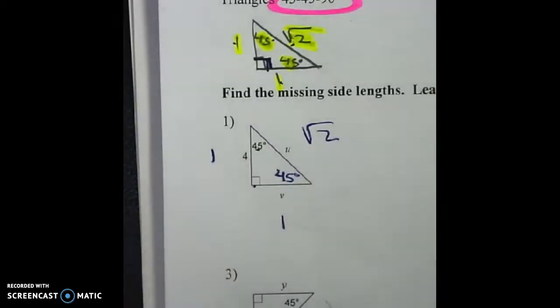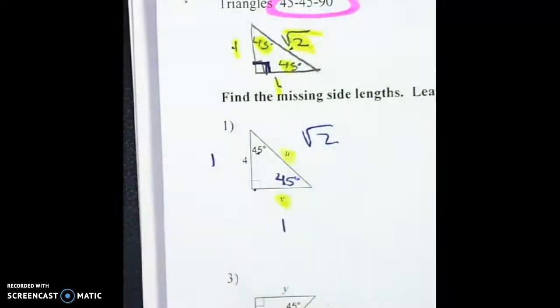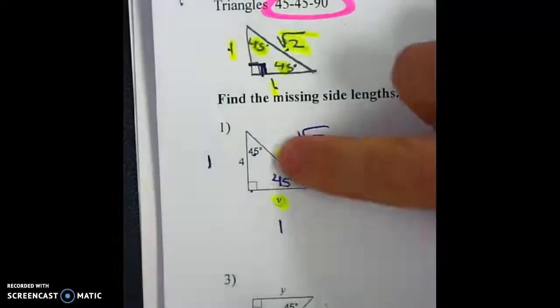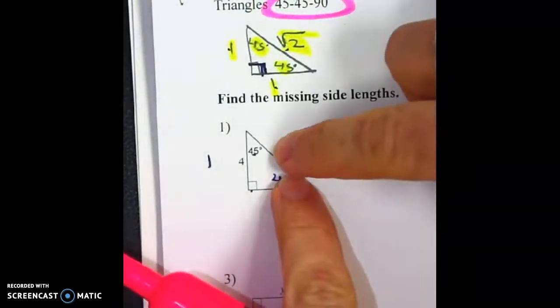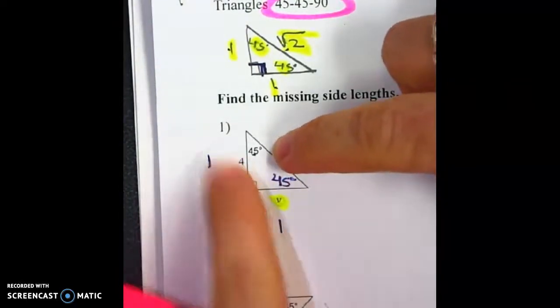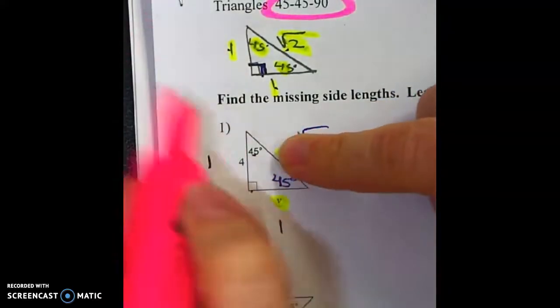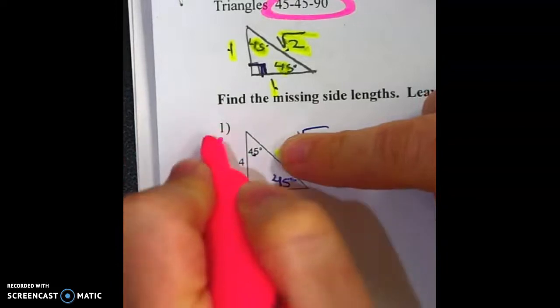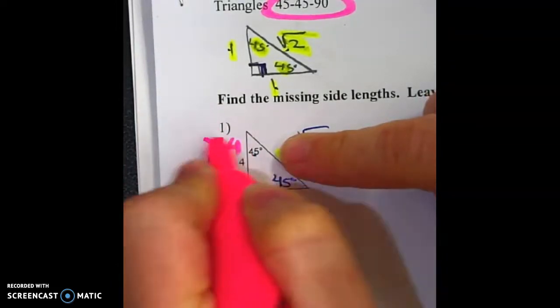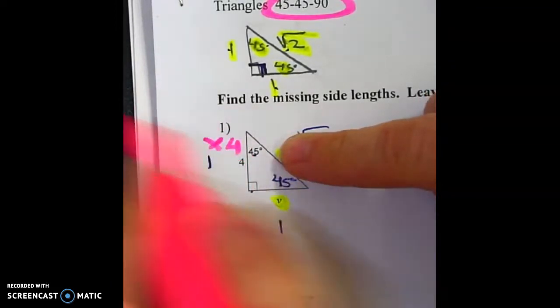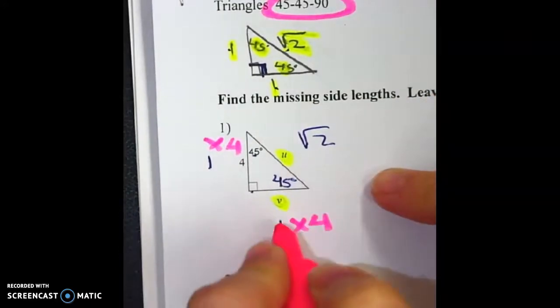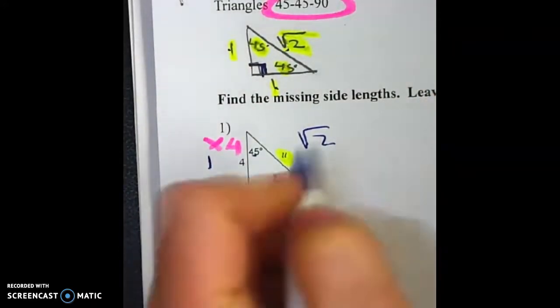Now they want me to find v, and they want me to find u. One way I could do it is I could go, okay, tan of 45 equals 4 over v, multiply both sides, blah, blah, blah. What a pain. But if it's a ratio, I can go 1 times what number gives me 4? 1 times 4 gives me 4. So that means I can figure out the other sides now. 1 times 4 is 4.